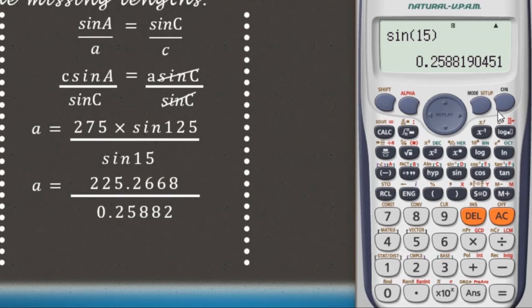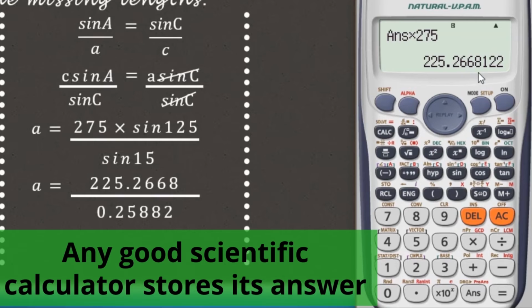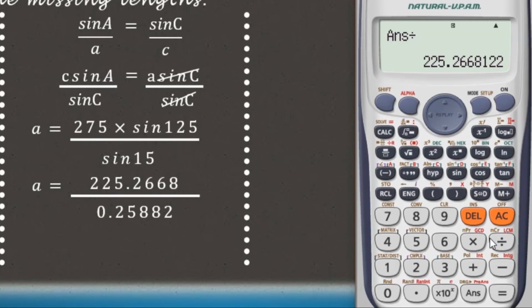So one practice I like teaching people is you just get your values. Remember we said it was sine 125. I hit equals, then get that, multiply it by 275. That's my answer. My calculator has the power of storing this answer, so I use that power of my calculator. I just hit division, then whatever I want to be in my denominator, I just insert it. So sine 15.